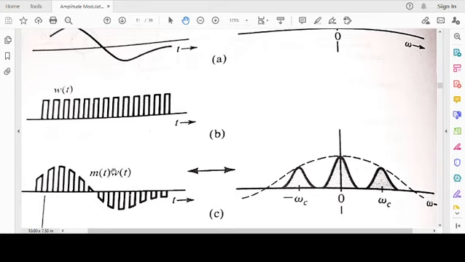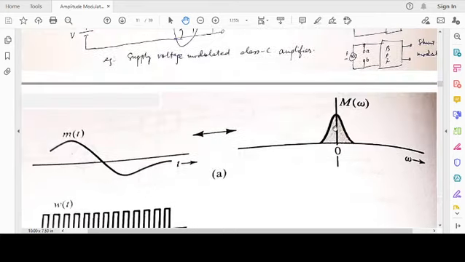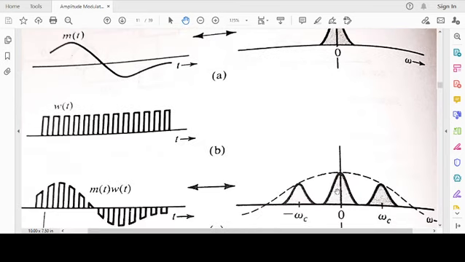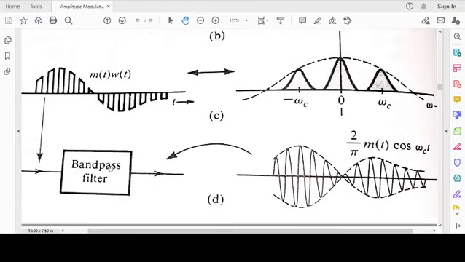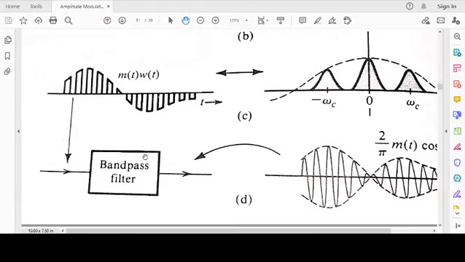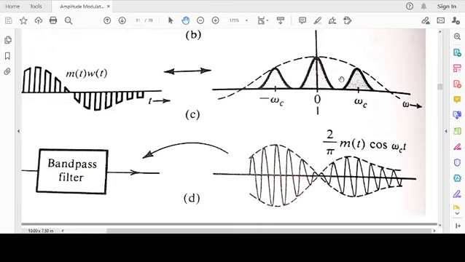When you take the spectrum of this, w(t) you can expand in Fourier series, and you'll see you preserve M(omega), and you preserve components around omega_c and 3 omega_c and so on. You then do bandpass filtering and only keep the component around omega_c. The output corresponds to m(t) cosine omega_c t with a constant factor 2 by pi.